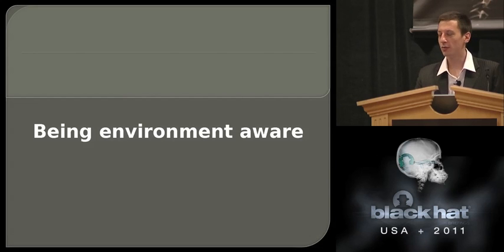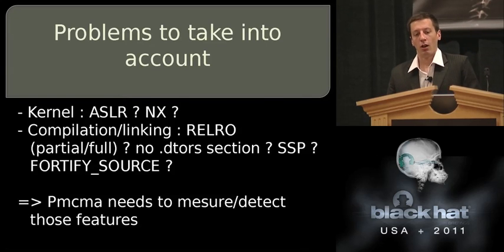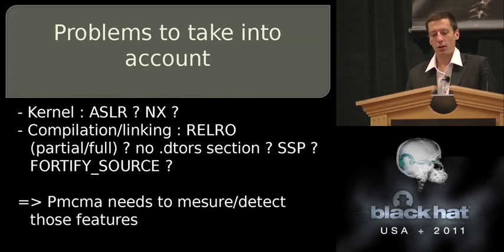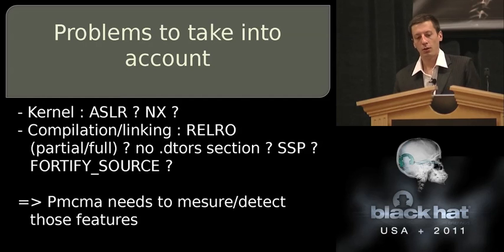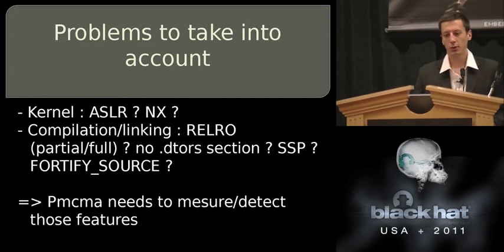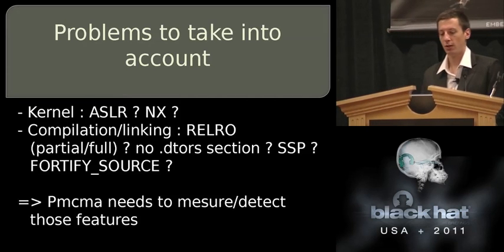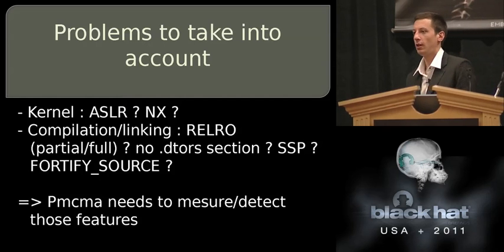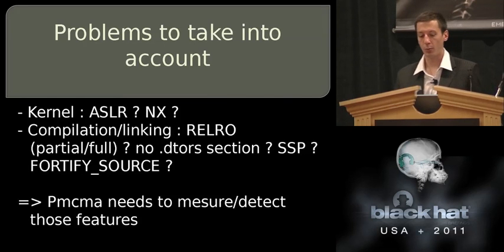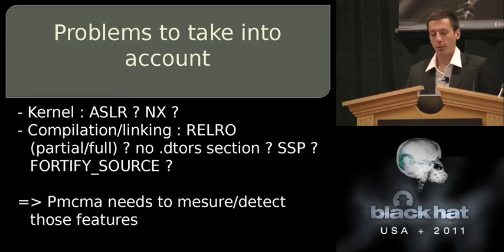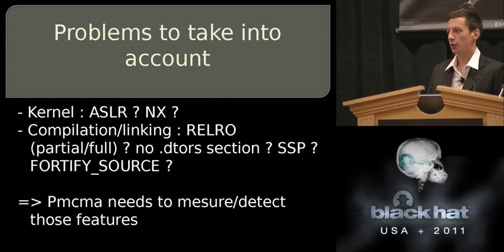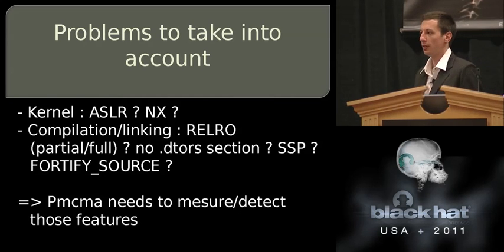One more boring thing, and then we go for the hardcore technique. So when writing exploits, we have to take into account a bunch of features and enhancements of the operating system, which are basically security measures to prevent easy exploitation.